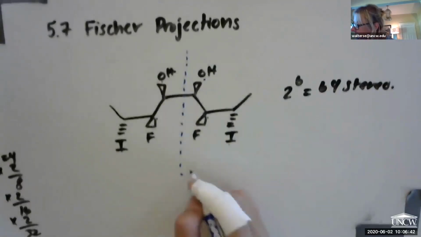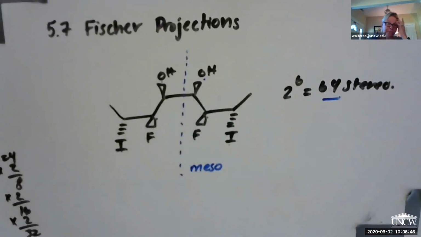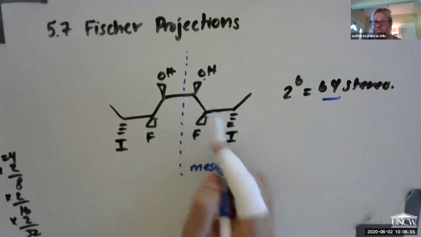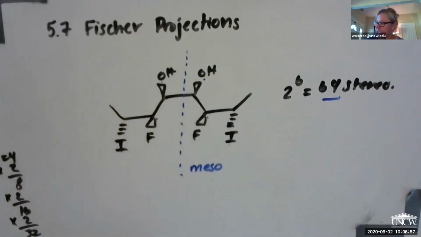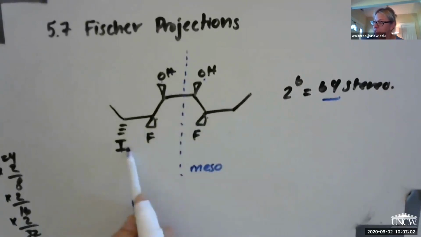So of these, this one is meso. So you can't have 64, you'd get no more than 63. But meso has to have an even number of chiral centers, because if this isn't a chiral center here, it's reflecting into a chiral center here, and then it's not meso anymore.